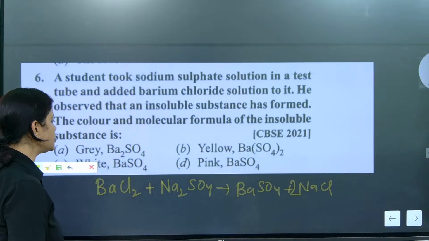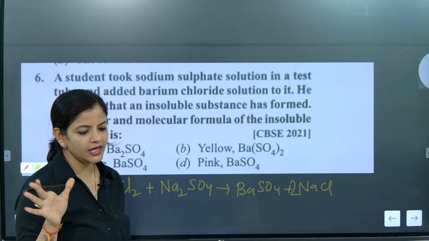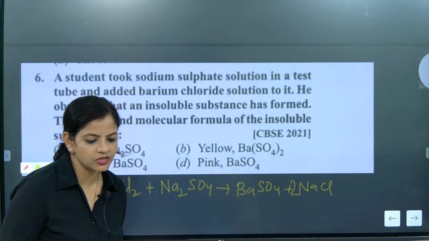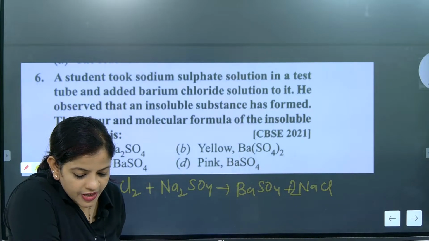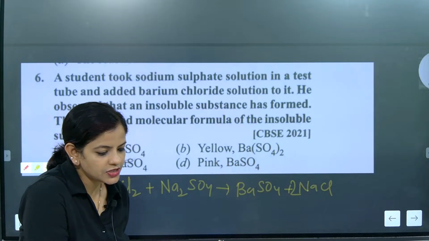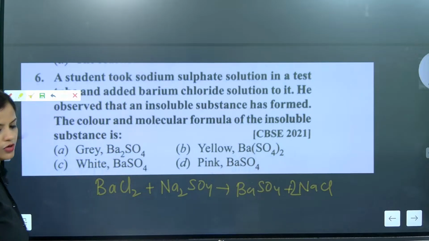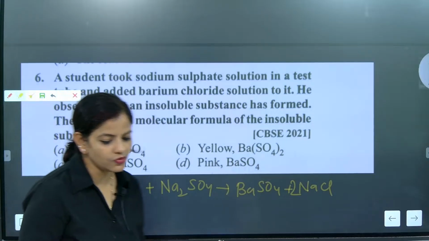We need to balance it also; I think it's not balanced. So is it white PPT or yellow PPT? What is the color of the PPT? Yes, absolutely correct. White PPT, BaSO4. That was very quick.